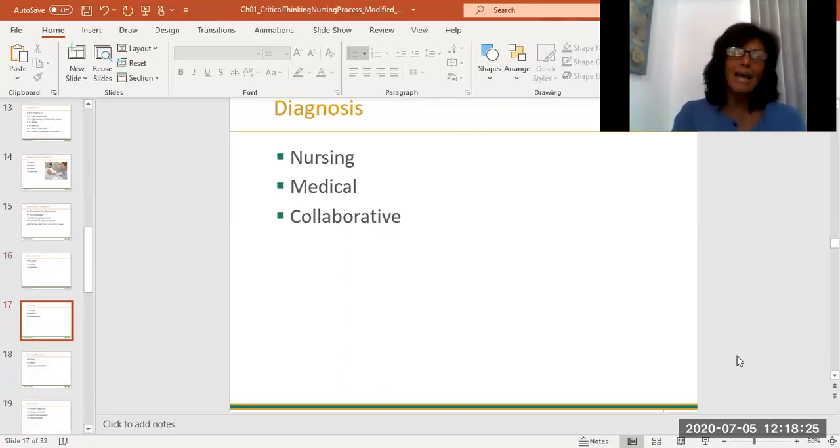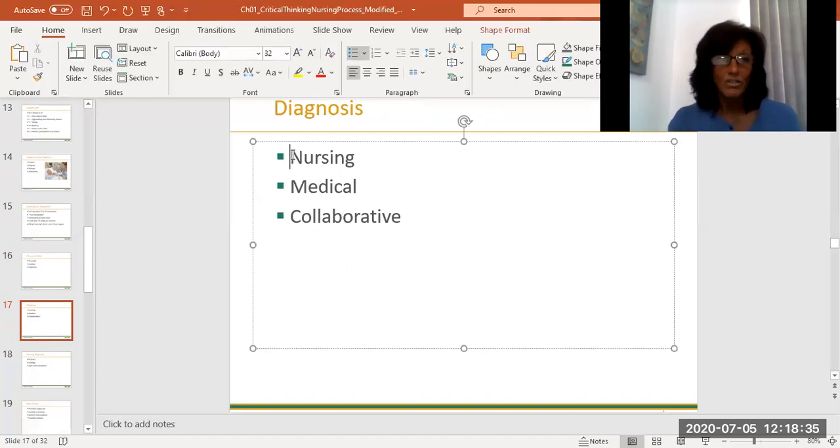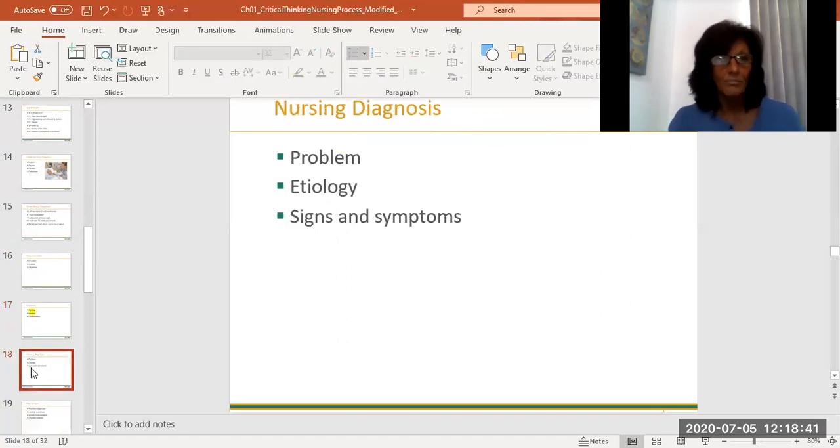And then when we talk about diagnoses, there are nursing diagnoses, there are medical diagnoses. Don't worry so much about collaborative, but you're going to be interested and concerned with and dealing with nursing diagnoses and medical diagnoses, right? They're the things that we will talk about. With nursing diagnosis, there's a problem, and then there's a cause of the problem or what the problem's related to.